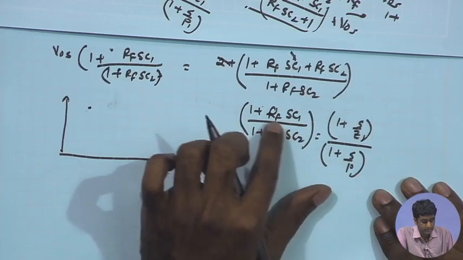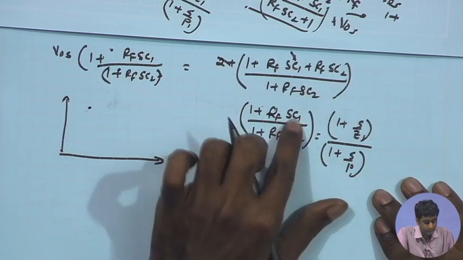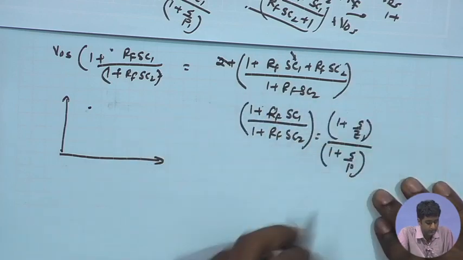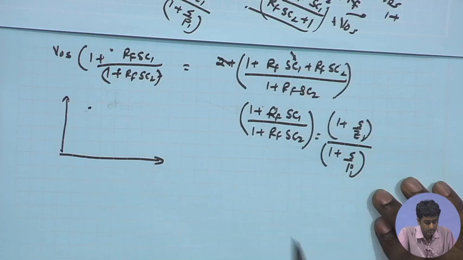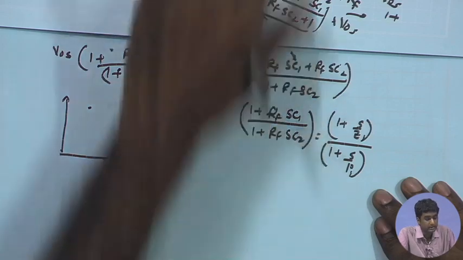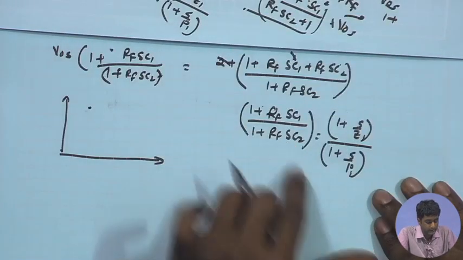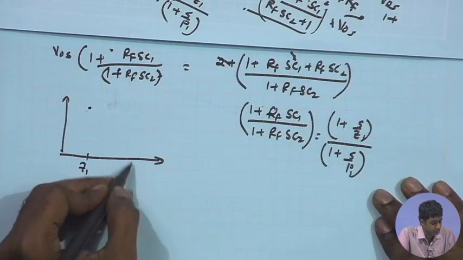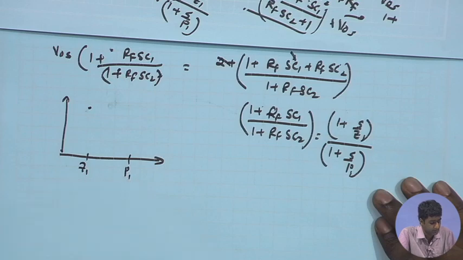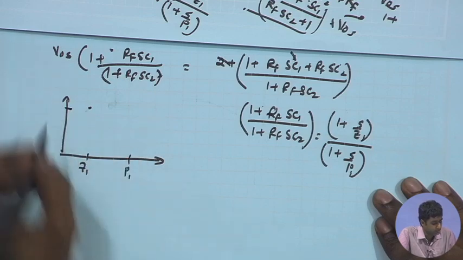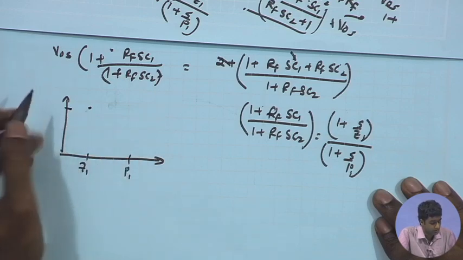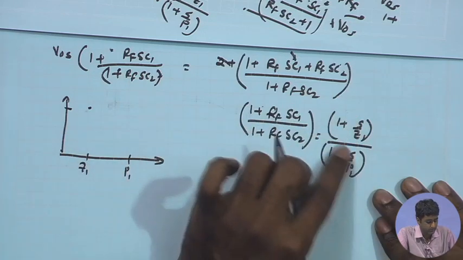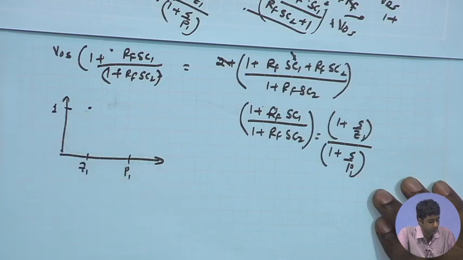As I said, RF C1 being the larger value, that is going to lie at lower frequency. The C2 being the smaller one, this lies at higher frequency. So, P1 lies at higher frequency, Z1 lies at lower frequency. So, we get Z1 first and then P1 second, and as a result, as S is going much lower than Z1 as well as P1, this is just 1, therefore, output is equal to V offset.